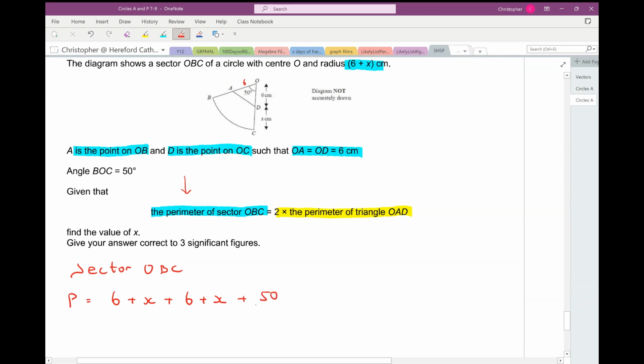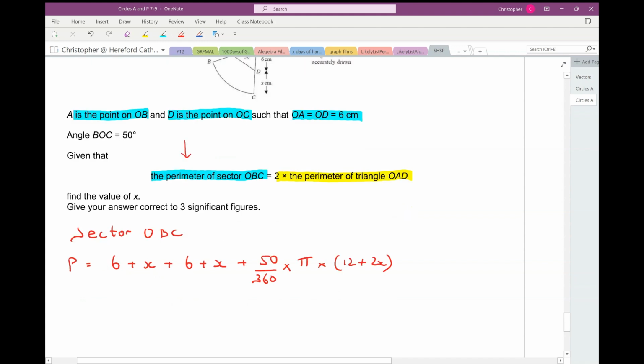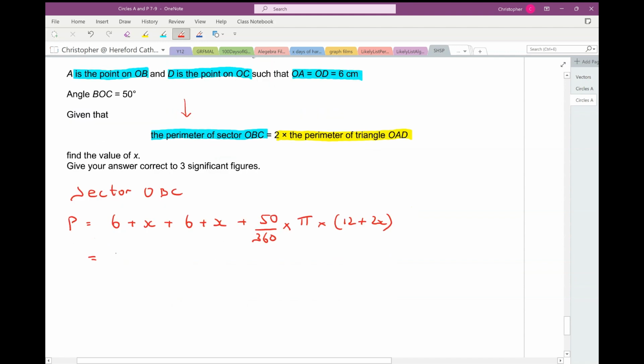So plus 50 over 360 times pi d. Now be careful because the diameter is 12 plus 2x. So here is an expression for the perimeter of the sector of the circle: 50 over 360 times pi times 12 plus 2x.